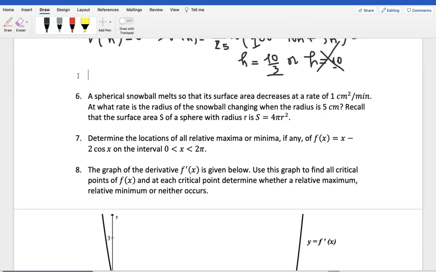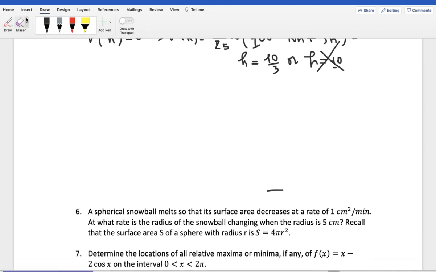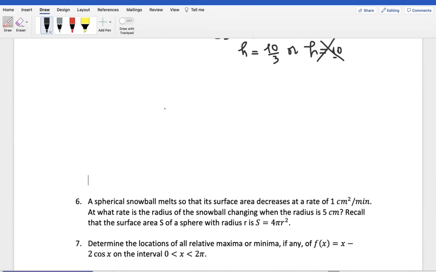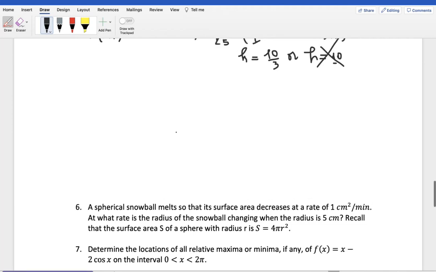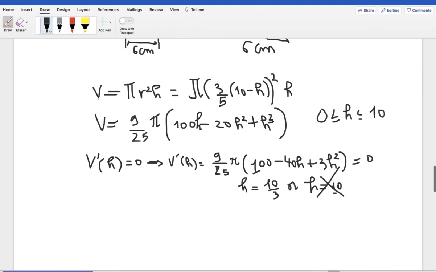So let's make some room. Knowing that, we can replace the value of 10 over 3 into the original expression for v.